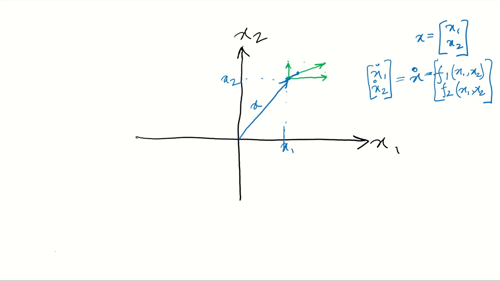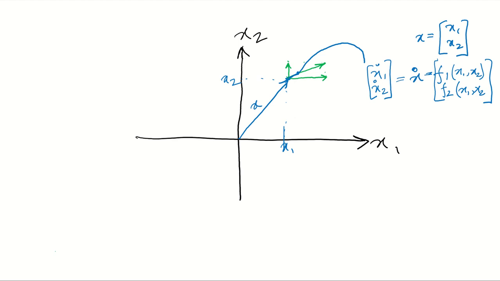Suppose my trajectory becomes like this. You can calculate this beforehand. This happens in the state space. Suppose there are two states in this system. These two states are plotted on orthogonal axes, and this gives rise to a two-dimensional space.